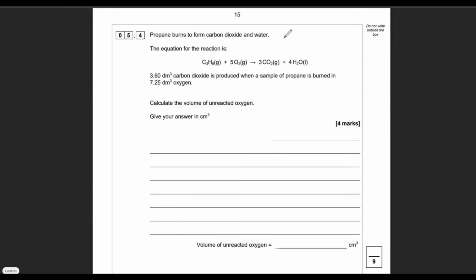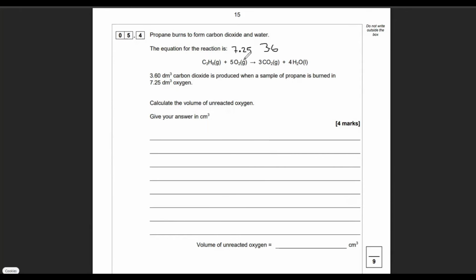Now, I can transfer this into moles if I want, but there's no point. So I know I've got 3.6 of the carbon dioxide in 7.25 decimeters of oxygen. Calculate the unreacted oxygen.